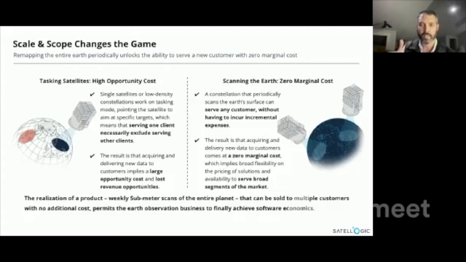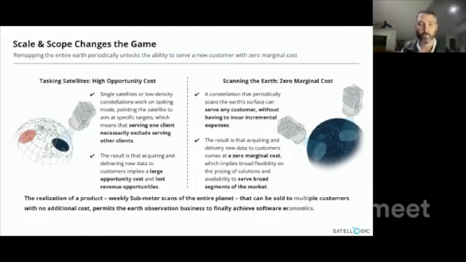If you have one satellite or a couple of satellites and you dedicate a significant amount of capacity to one customer, that becomes an anchor customer that can have a disproportionate impact on your business model, or affect it in ways that you may not be able to control.